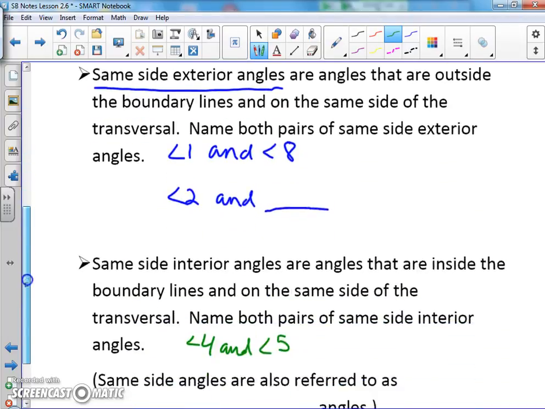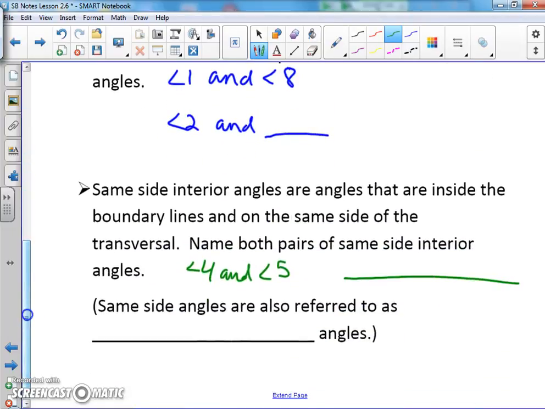Make sure that you name that in your notes as well. Same side angles are also referred to as consecutive angles. You need to be comfortable with both of these terms because they will be used interchangeably. So if it's asking you about consecutive angles, it's referring to same side angles.